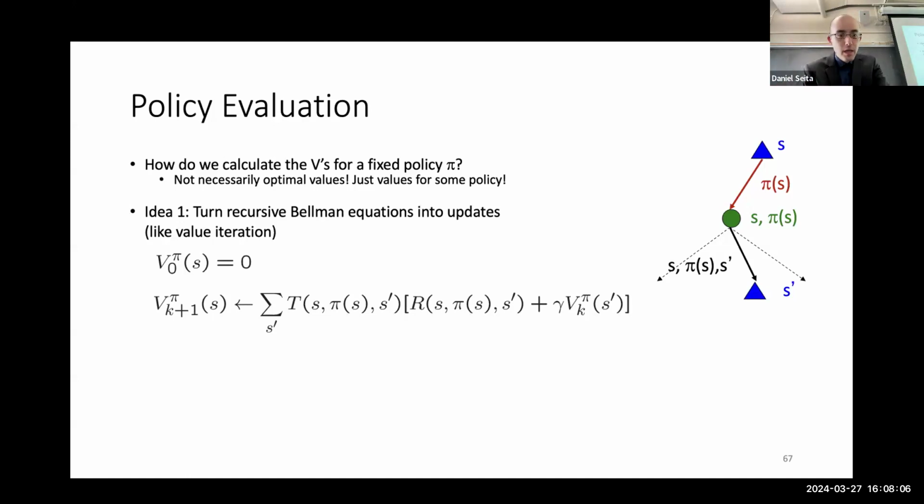For V k plus 1 pi, this value for a given state is the value assuming you have k plus 1 time steps left to do. And it is the weighted sum of the transition probability times the reward plus gamma V k pi of s prime.